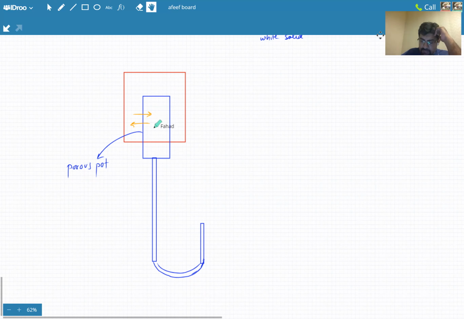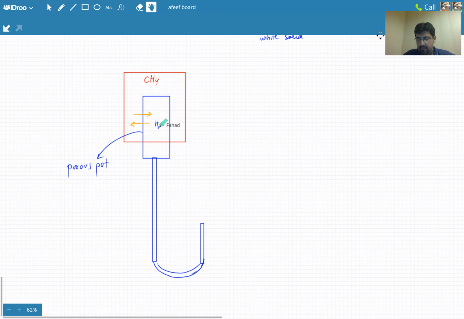Now this beaker on the outside contains a methane gas, CH4, right? So the outside of this blue pot, let me shade the blue pot slightly. Just get the point. The red container outside contains methane gas. And the gas that's inside the blue porous pot is hydrogen gas.